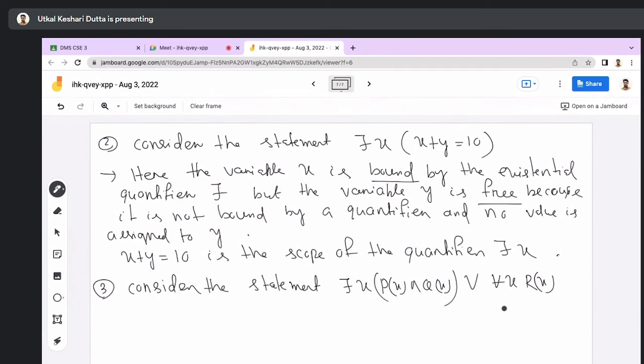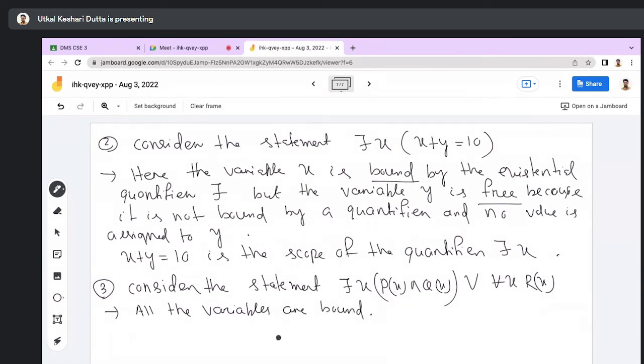That is the given statement. So here, are the variables bound or not? Yes, all the variables are bound.